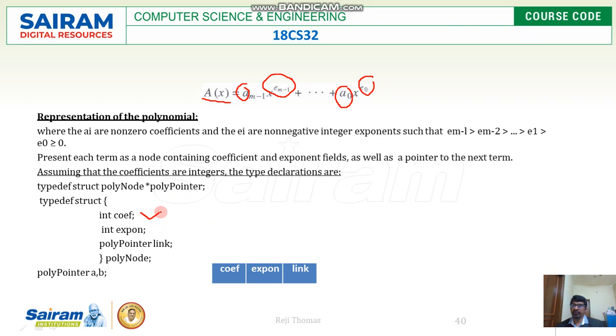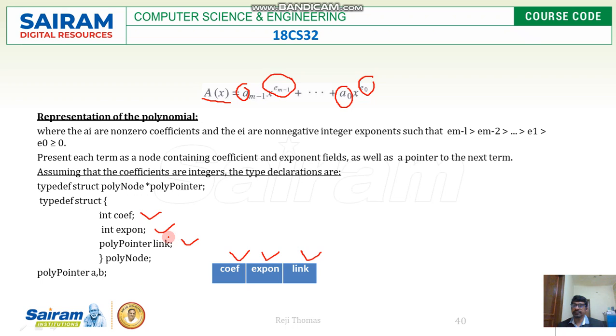One for the coefficient, next for the exponent, and because we are going to represent the polynomial in the form of a list, and a list is a collection of nodes, we should have one more part called link. So we have coefficient, exponent, and link.